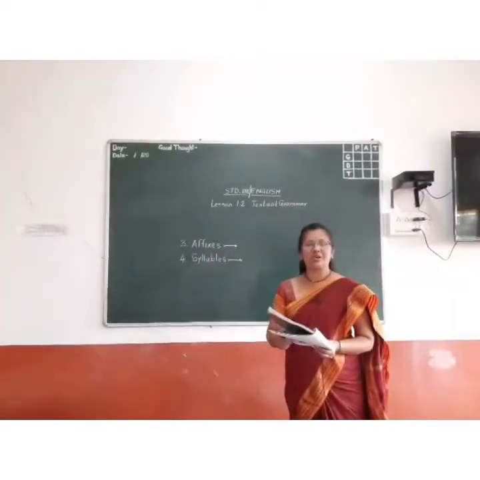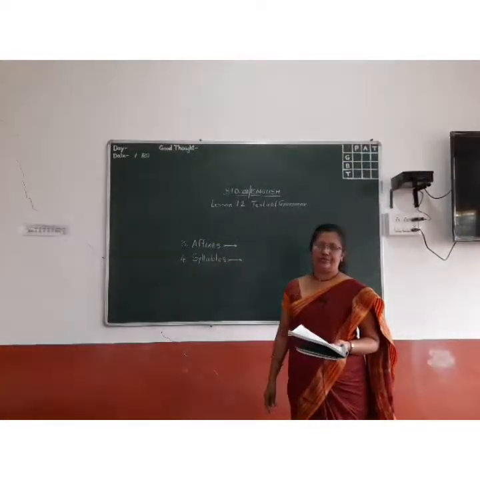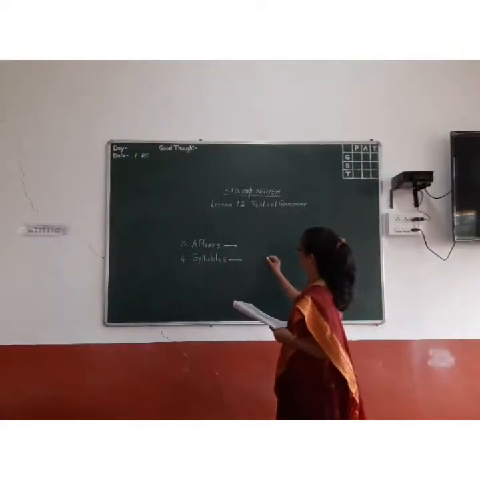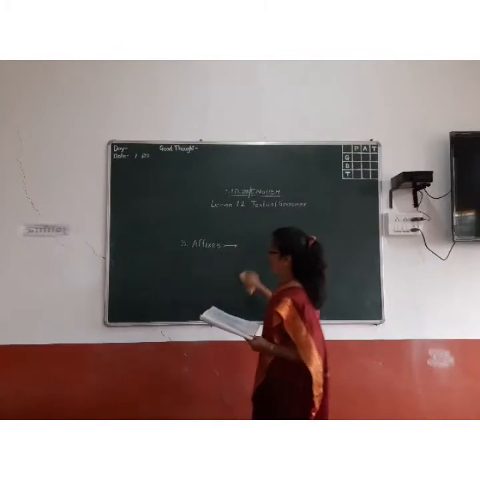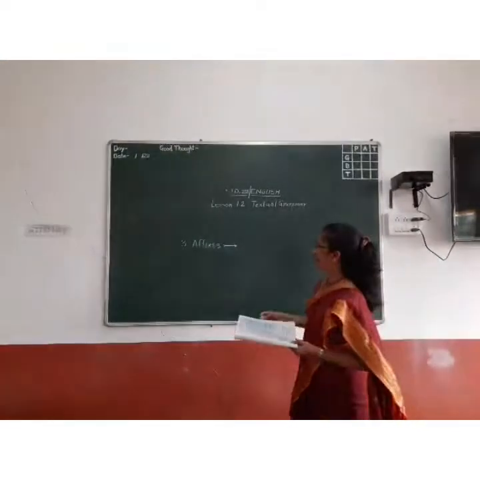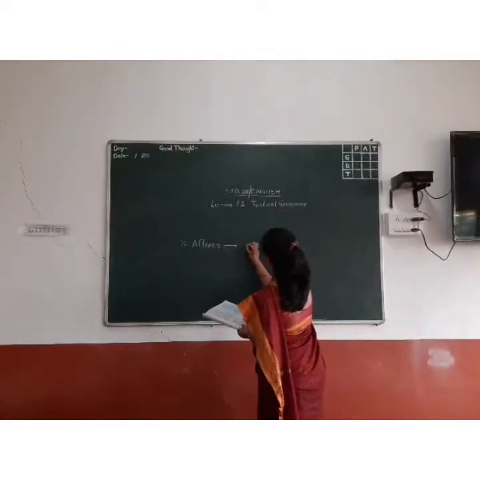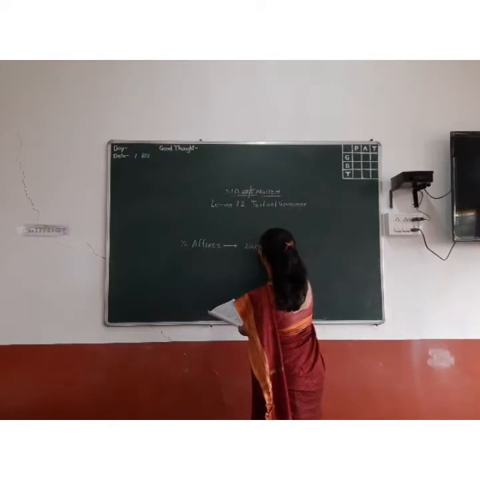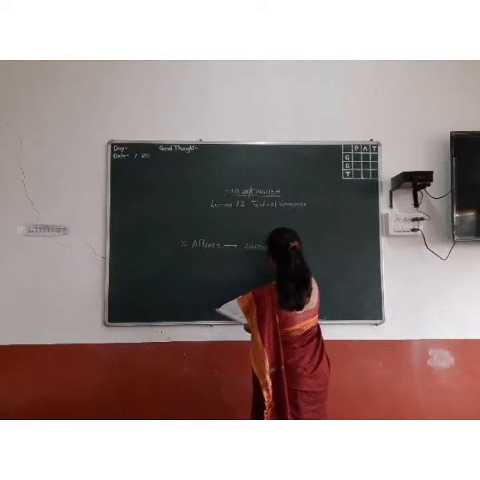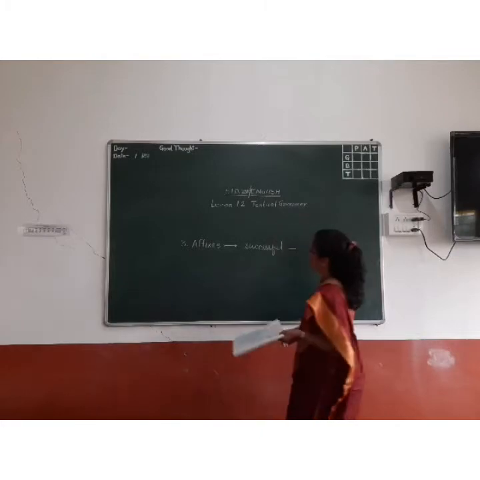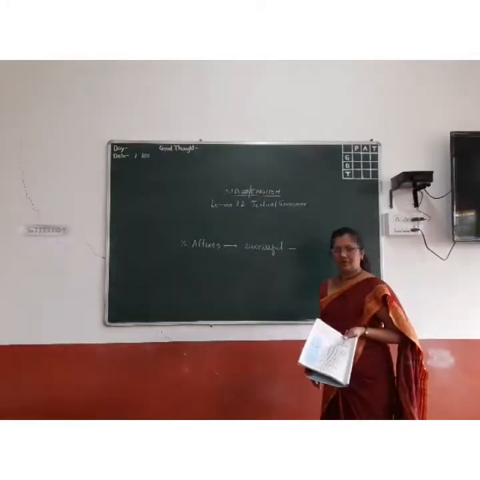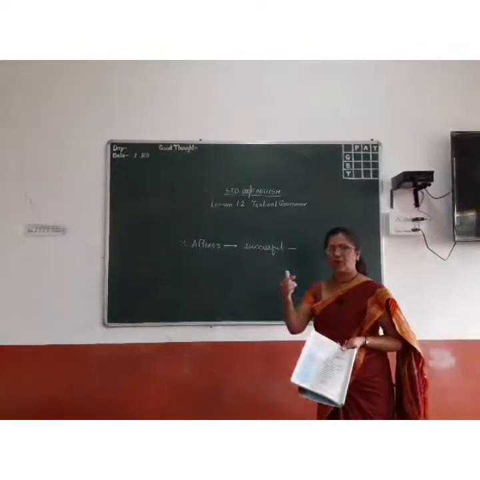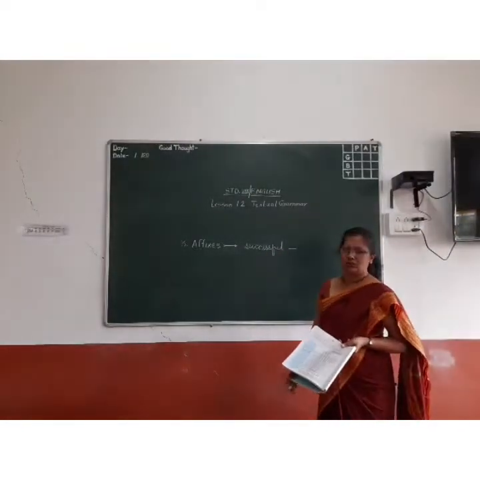See here, the first word is successful. What is the word? Let me write these words on the board so that you can understand fully. Successful is the word. In this word, which can be the root word and which can be a group of letters added to the given word?